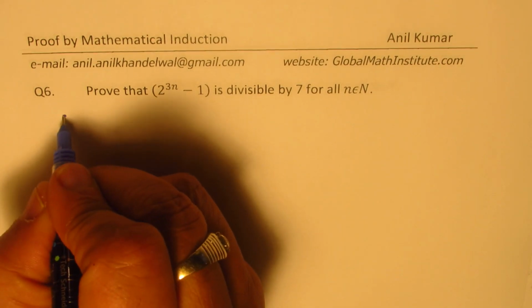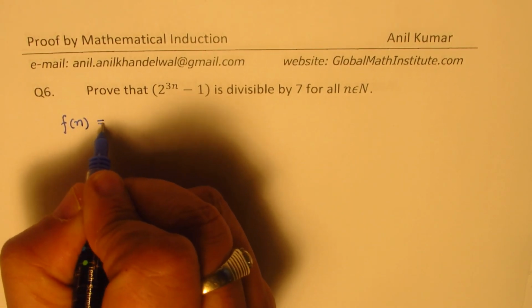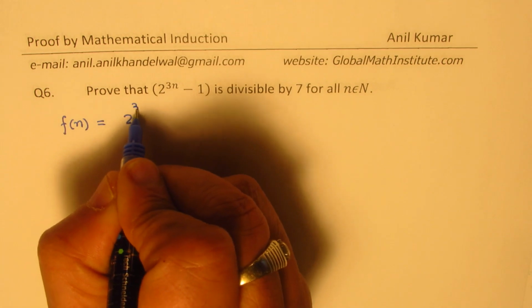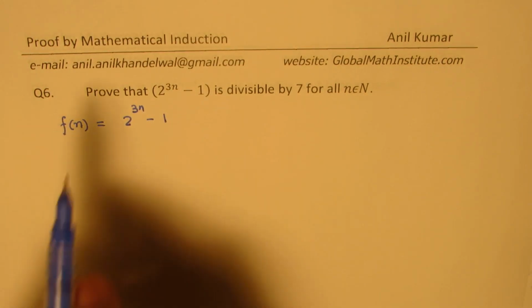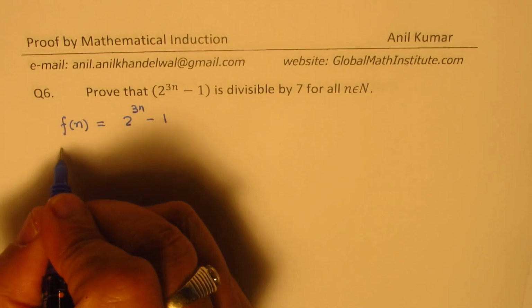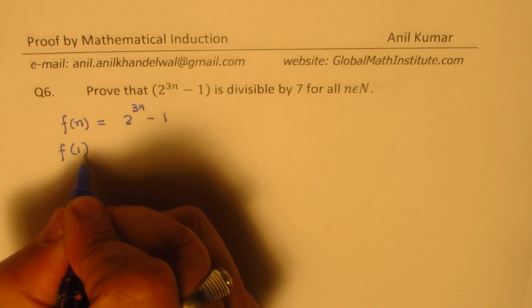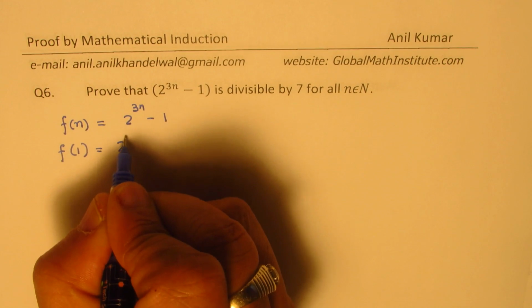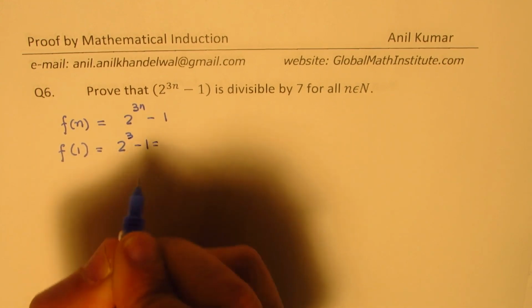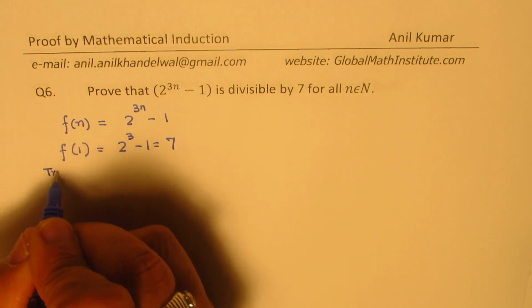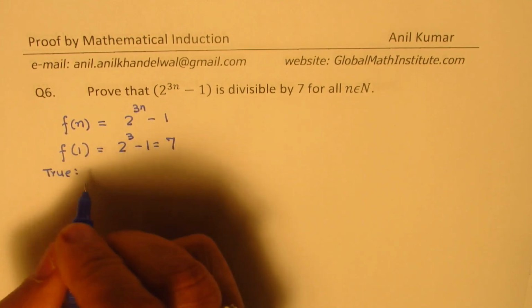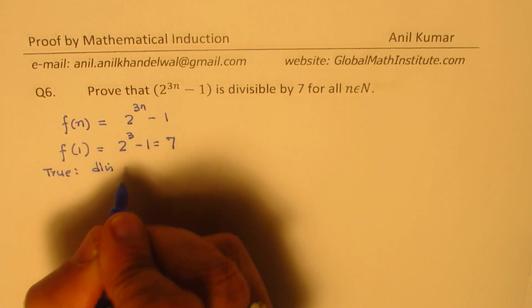So we'll define the function f of n as equal to 2 to the power of 3n minus 1. To prove by the method of induction, we'll check first for n equals to 1. So we have 2 to the power of 3 minus 1, which is 7. So definitely this is true, right? It is divisible by 7.